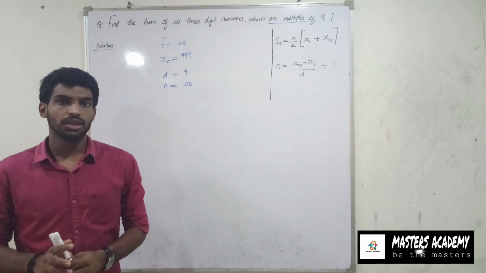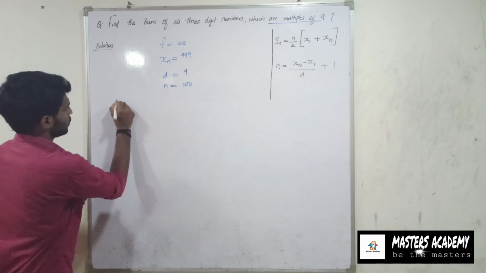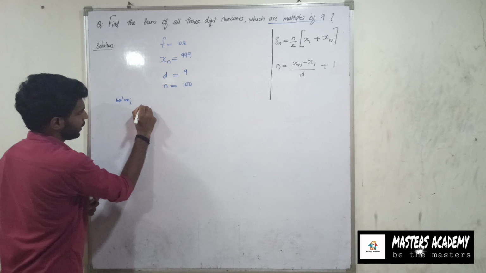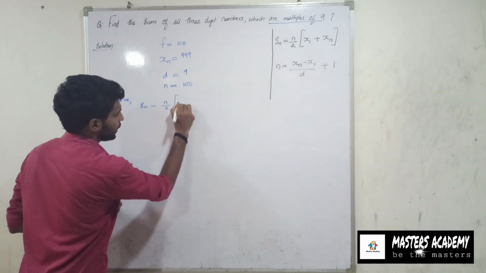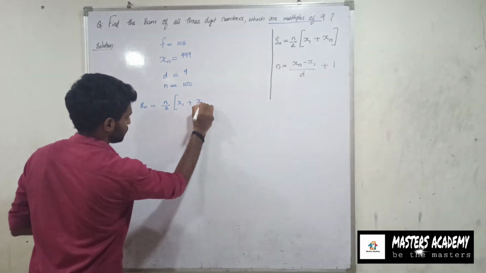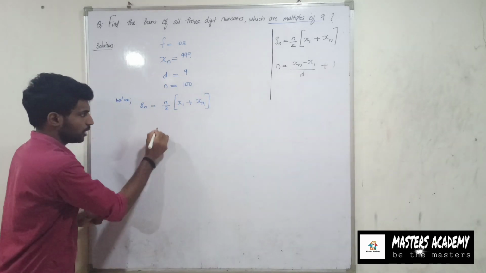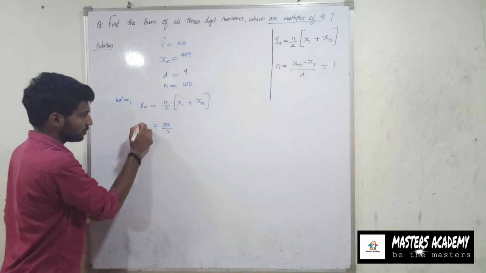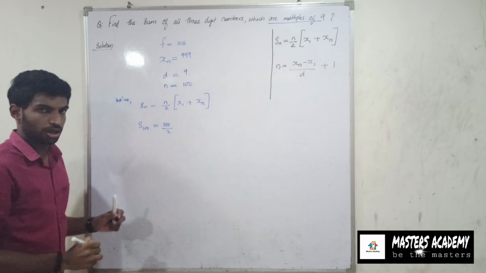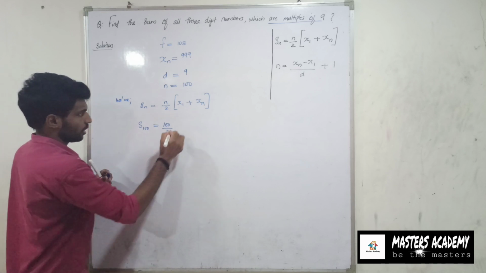Now we can apply the equation of sum. We have Sn equals n by 2 into (x1 plus xn), equals n, that is 100, by 2. Sn means S100, since n equals 100.